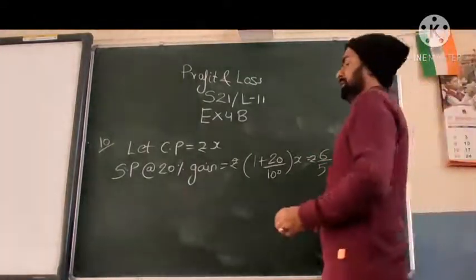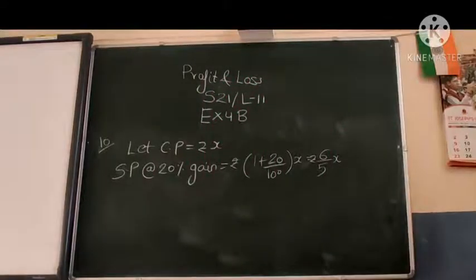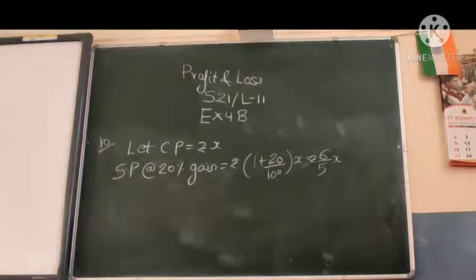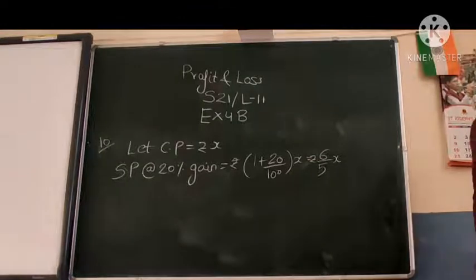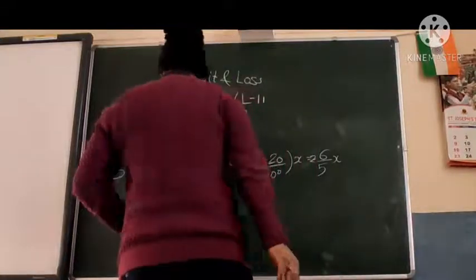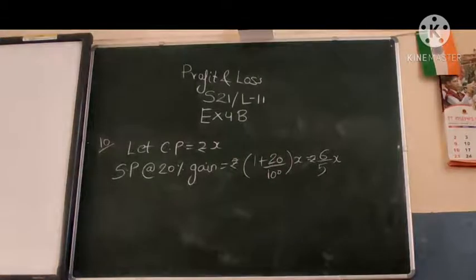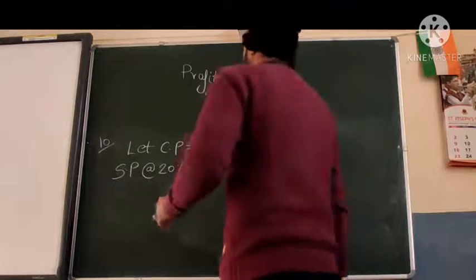Okay, so now this much profit is desired. Now whatever discount you are offering, how much discount are you offering? 4% discount. So you have to add that 4% discount to the selling price. That discount also has to be added.